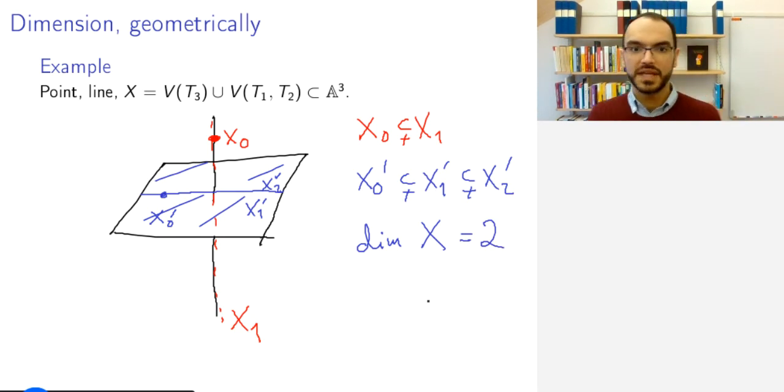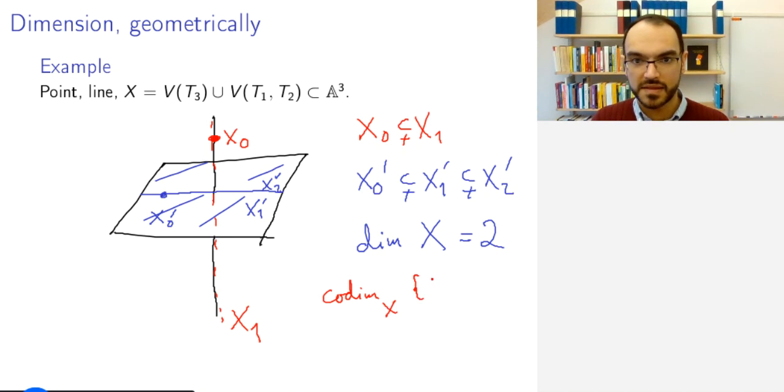But we also make an interesting observation. These points aren't created equal. The codimension in X of the point x0, so since x0 denotes the set of the point, I can write it like this. This is 1.